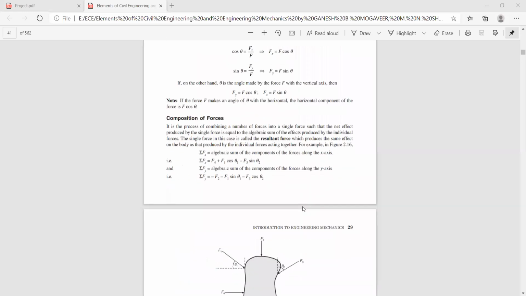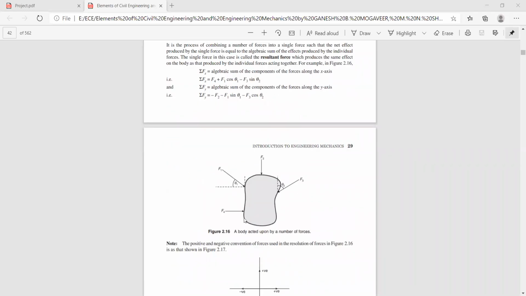Here, this is a given body and it is subjected to the forces F1, F2, F3 and F4. F1 is making an angle theta1 with respect to the x-axis, F2 is acting vertically downwards, F3 is acting with an inclination of theta2 with respect to the vertical axis, and F4 is acting in the horizontal direction.